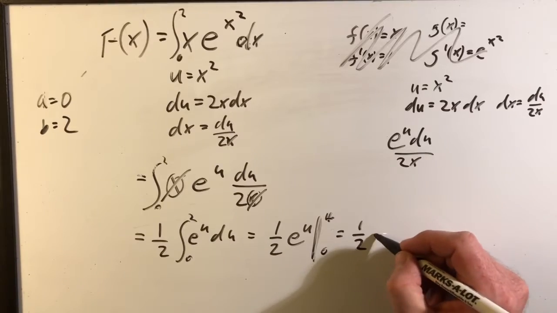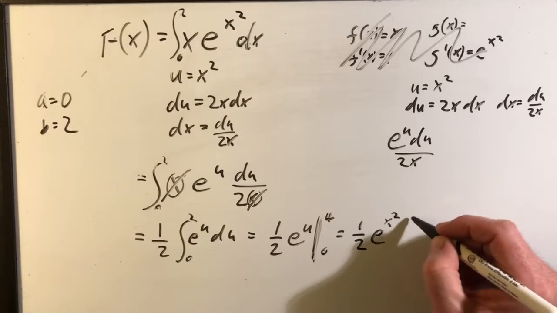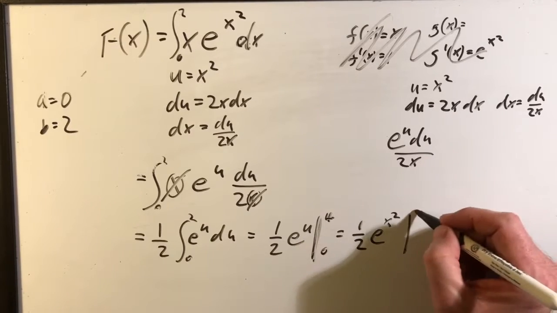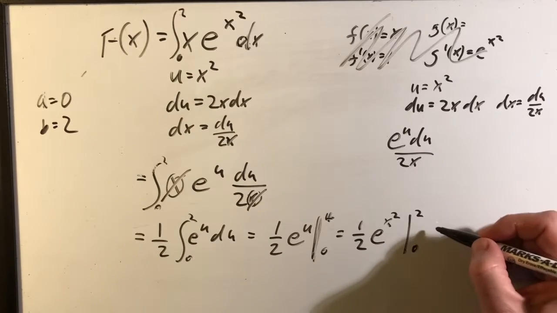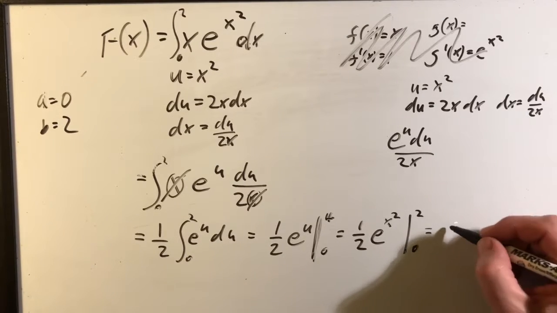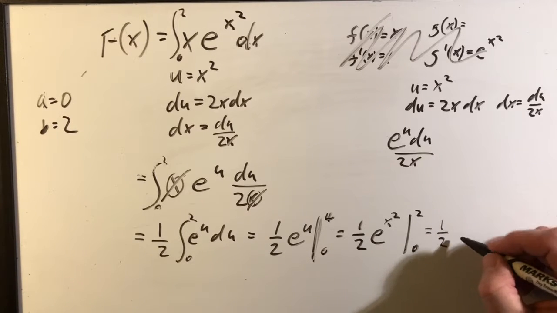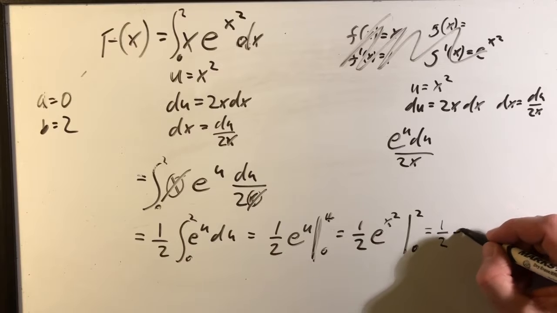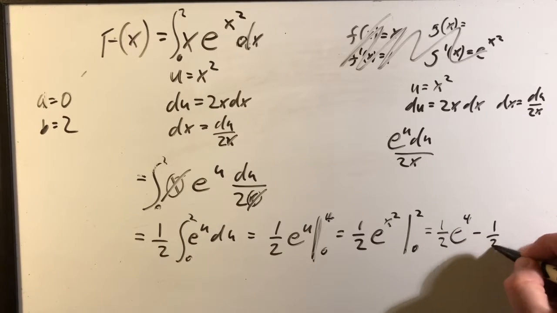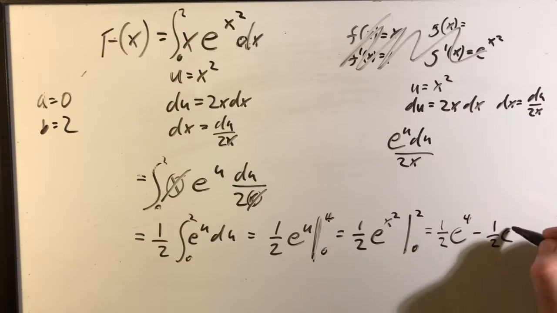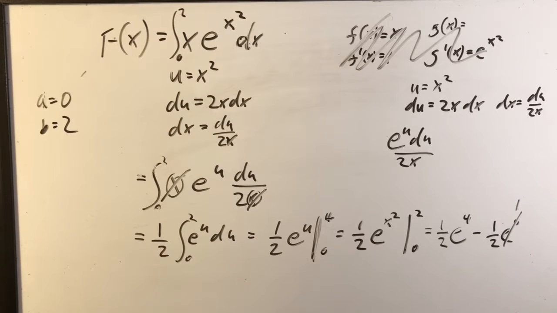So 1/2 e to the x squared goes back to a 2 to 0, right there. Okay, so that's going to be 1/2 e to the 4th minus 1/2 e to the 0, which means that goes to 1 right there.